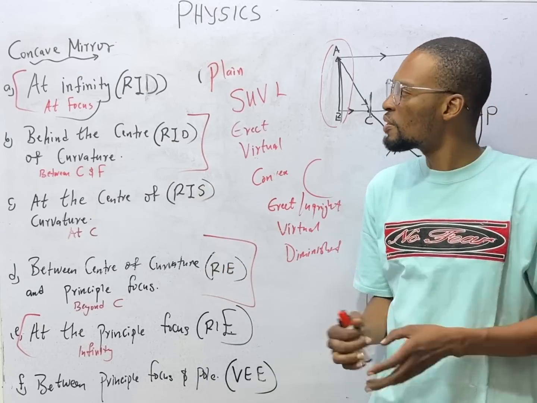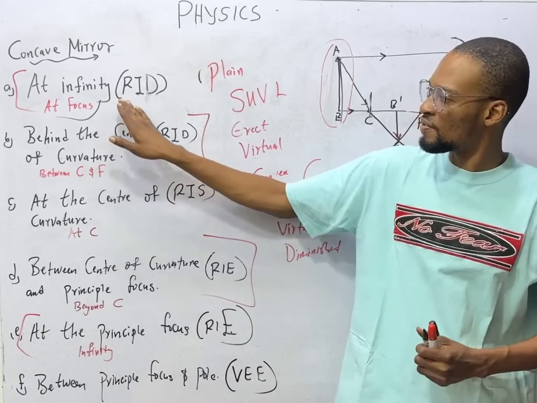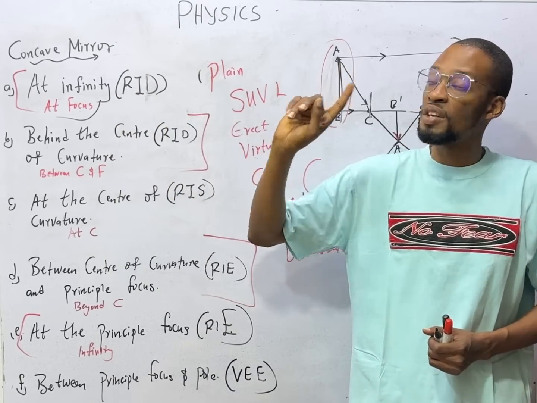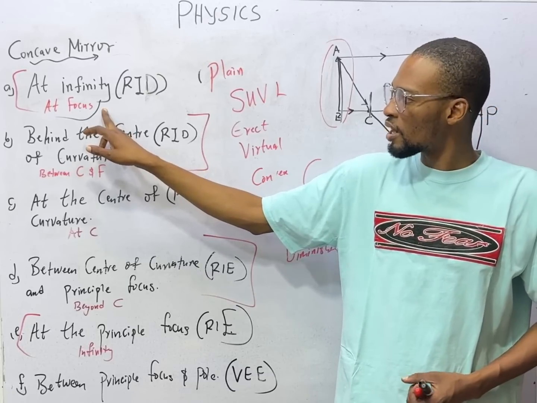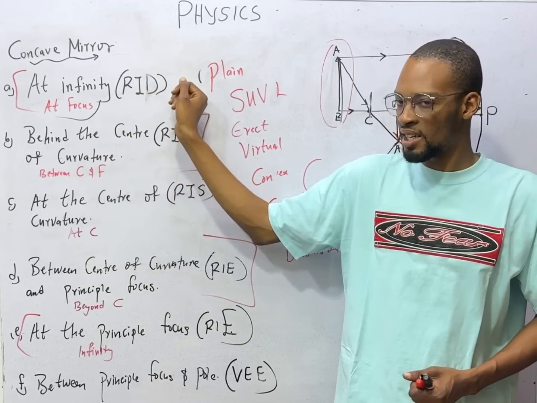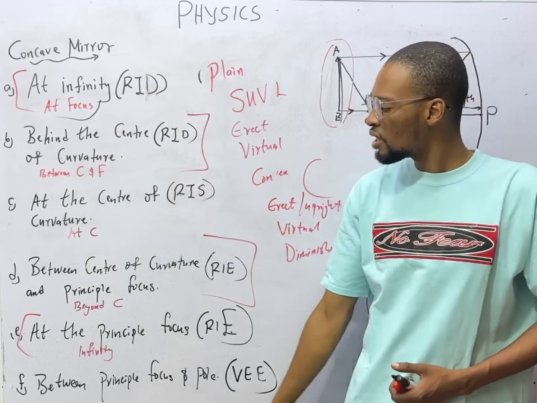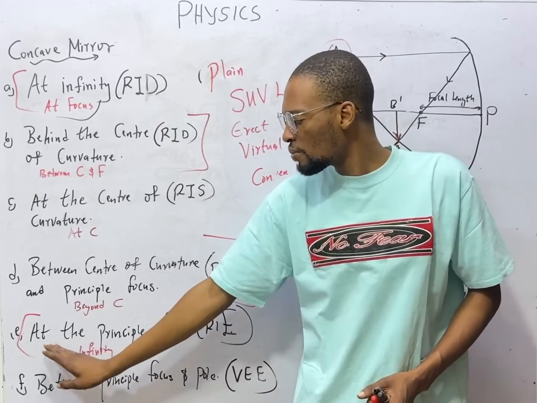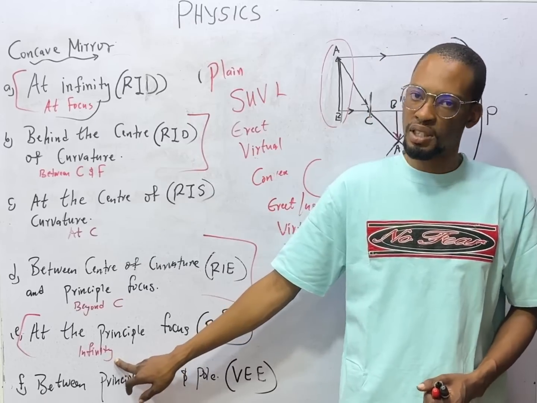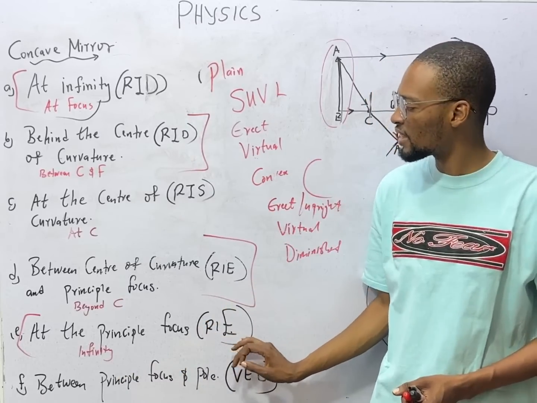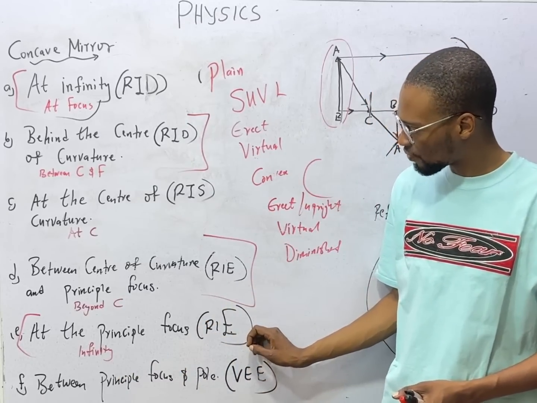So, in summary, if the object is placed at infinity, the image is formed at the focus and it is real, inverted, and diminished. If the object is placed at the focus, the image is formed at infinity and it is real, inverted, and enlarged.